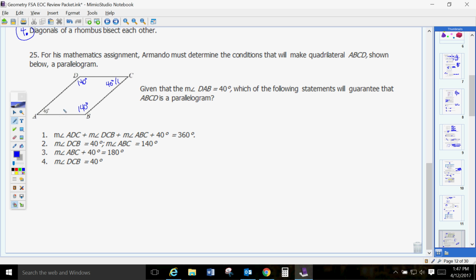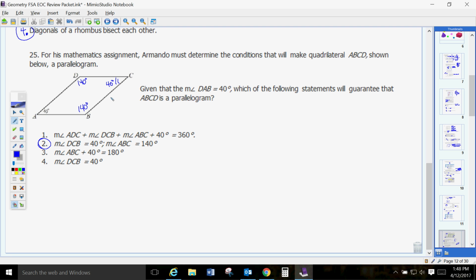And so because you have two pairs of same side supplementary angles, you do have a parallelogram. And so that is enough to prove that it is a parallelogram. So remember, you have to either know two pairs of opposite angles are congruent, one pair of opposite sides is both parallel and congruent, or two pairs of opposite sides congruent.